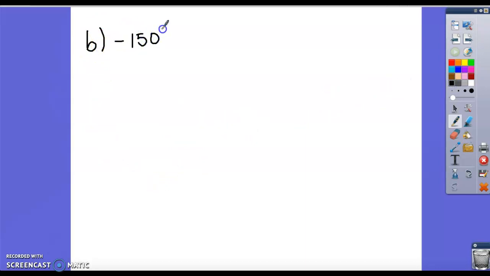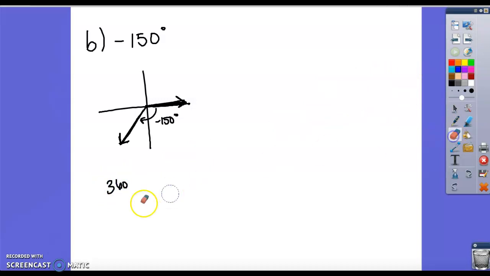Let's look at negative 150 degrees. This is a negative angle, so here's my initial side, and negative 150 is about here. If I want to find a positive coterminal angle, I can add negative 150 to 360, which gives me 210 degrees.